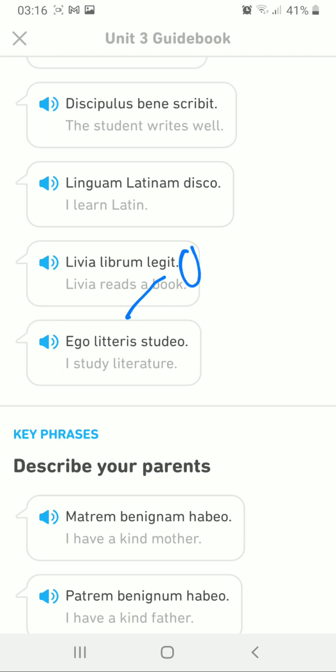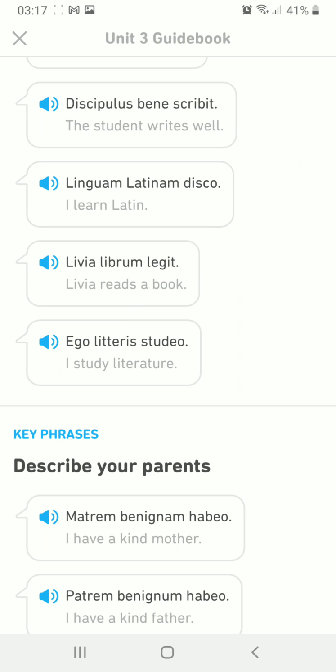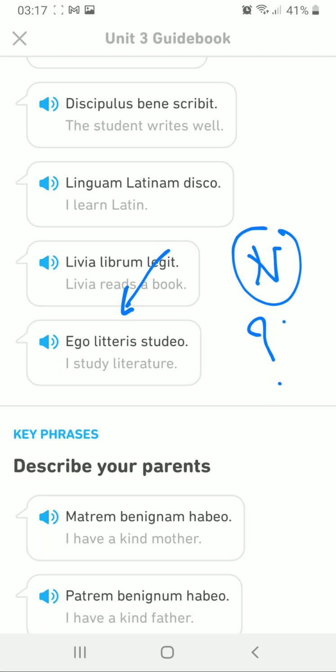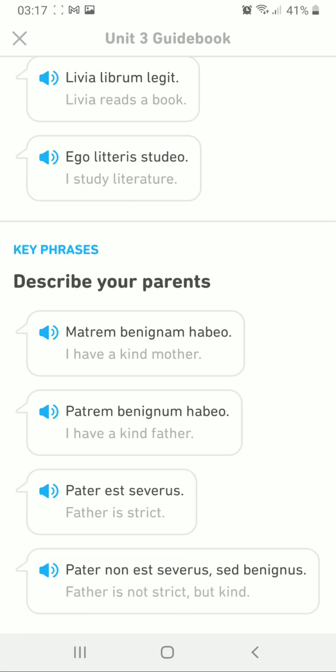So this is the object of the sentence, and therefore it has to be in accusative form. Ego litteris studeo. I'm not sure what the nominative form of literature is here. So if you know, let me know. Thank you.